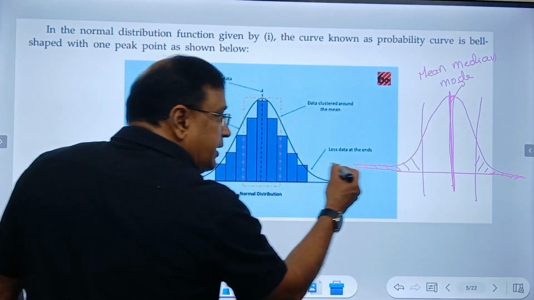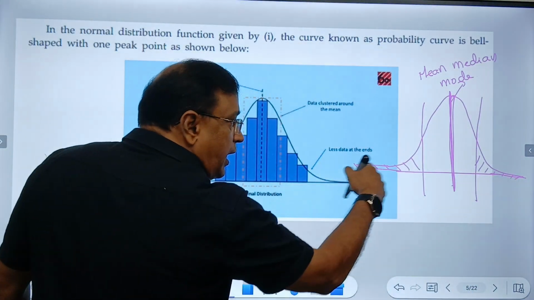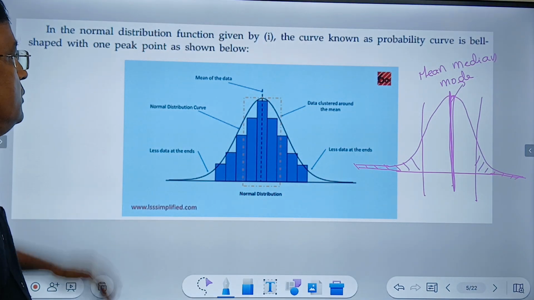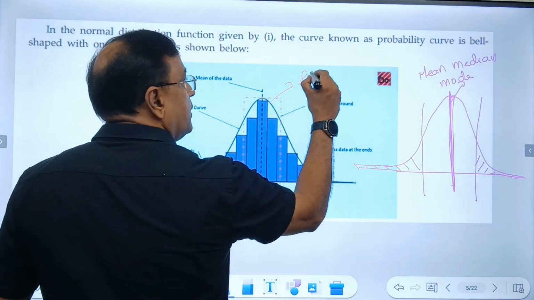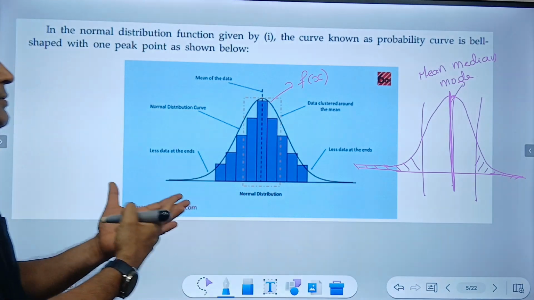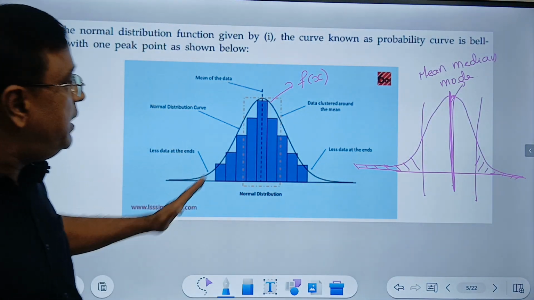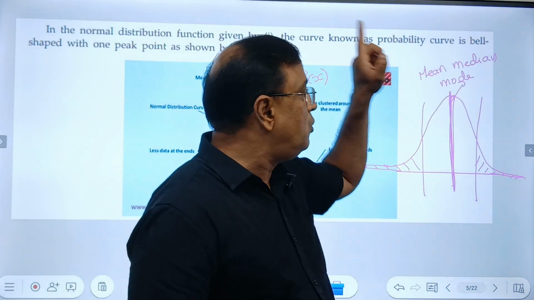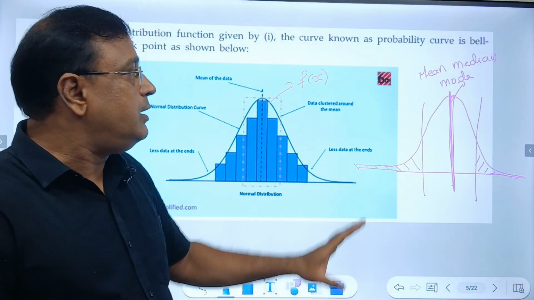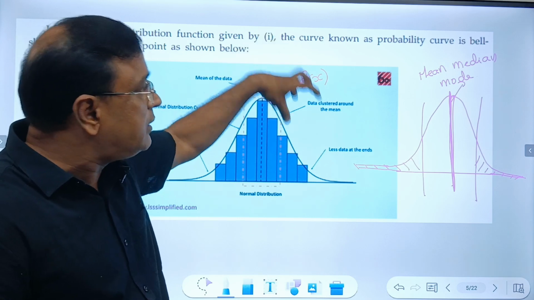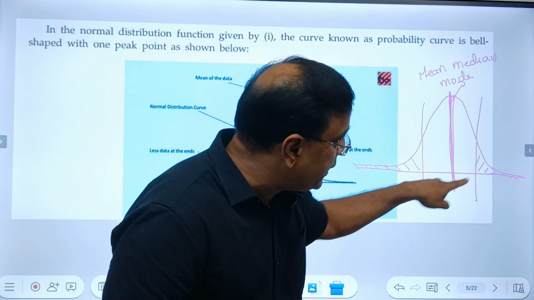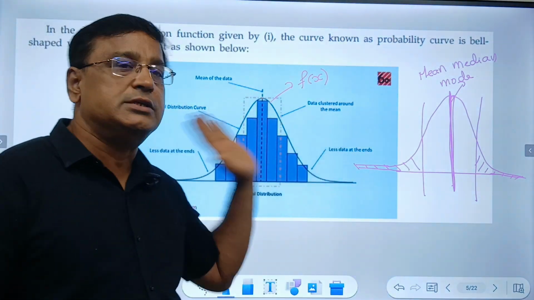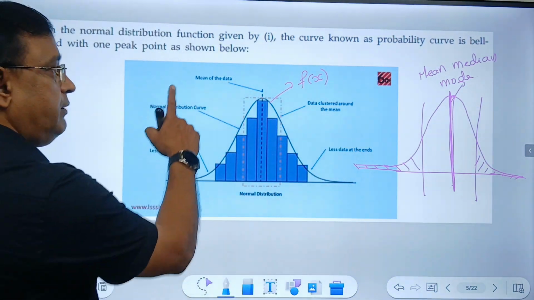This curve will never intersect the x-axis, so it is called an asymptote. I hope you understand. This is your function f of x. So your f of x is a bell-shaped curve, symmetric about the line where the mean, median, and mode coincide. Most of the data clustering happens around this point, around here. At the tail, less data is represented. That's very, very important that you should know.